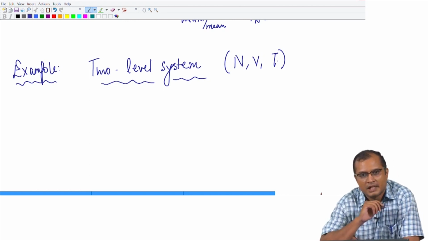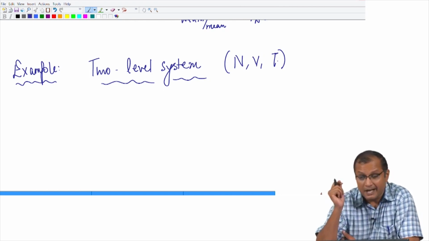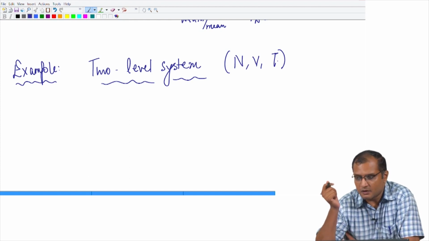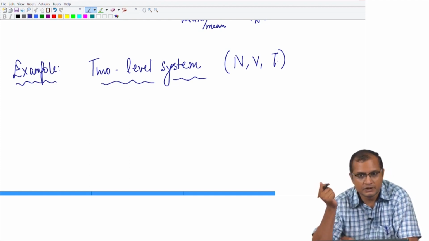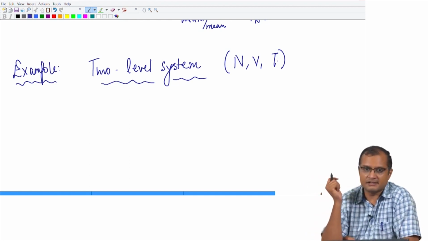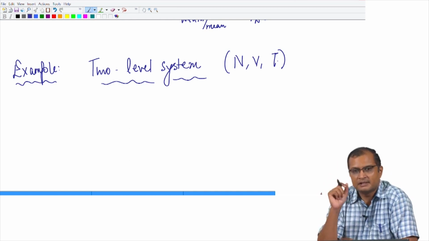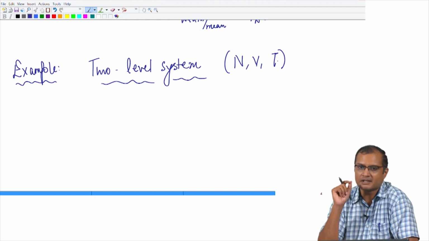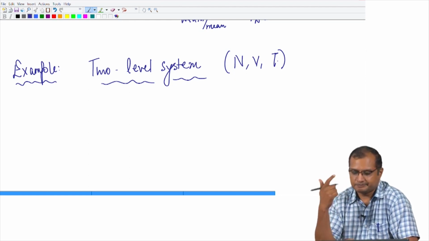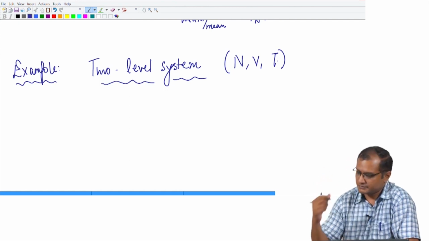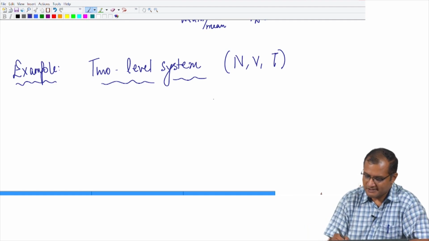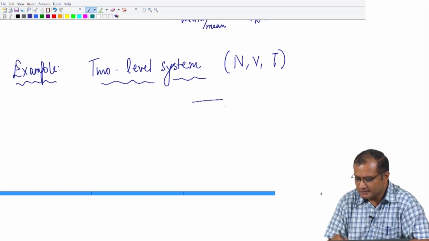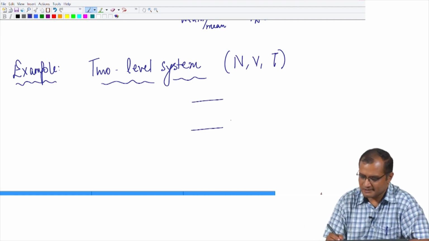So, our 2 level system comes back, but this time it is in contact with a heat reservoir. This is not a constant energy 2 level system. It is a 2 level system where its energy can fluctuate, which means the number of particles in the excited state is a function that depends on temperature.